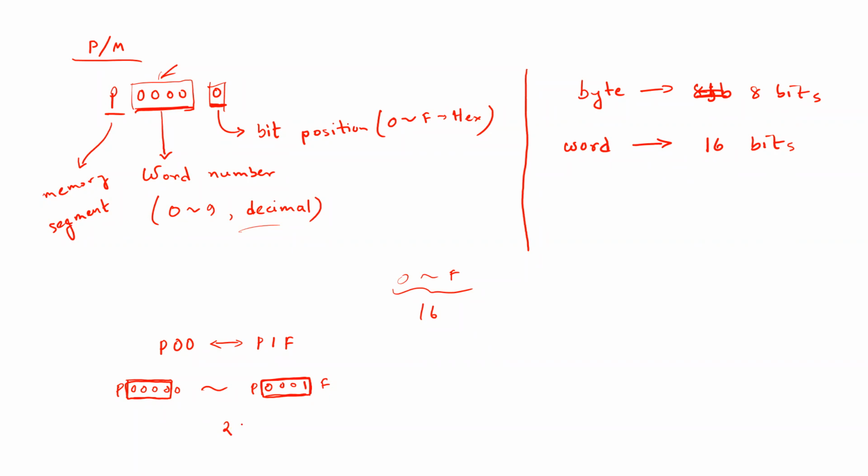If there are 2 different words and each can contain 16 individual bits, so what should be the total available bits? 2 into 16. It's 32. Okay, just a moment.